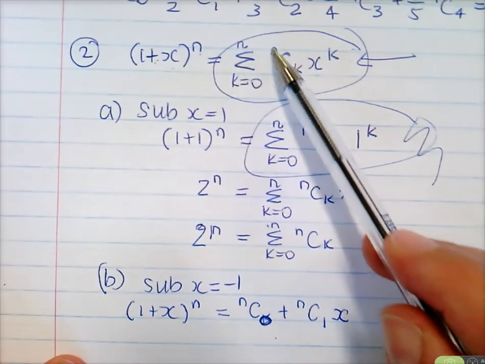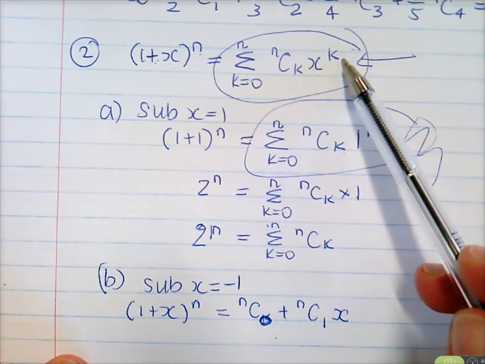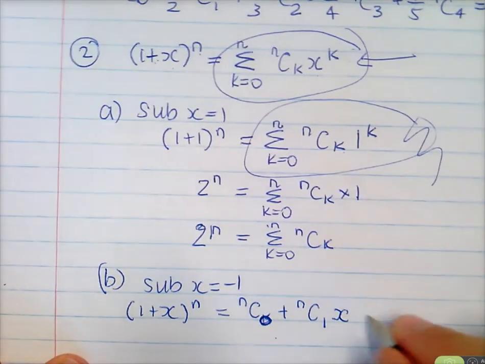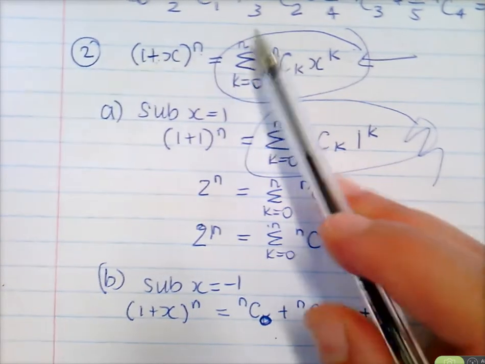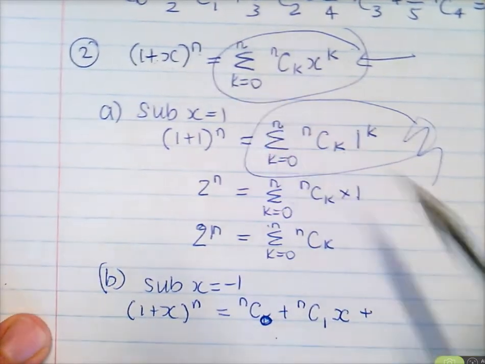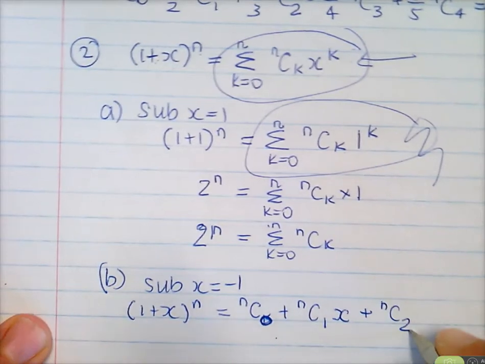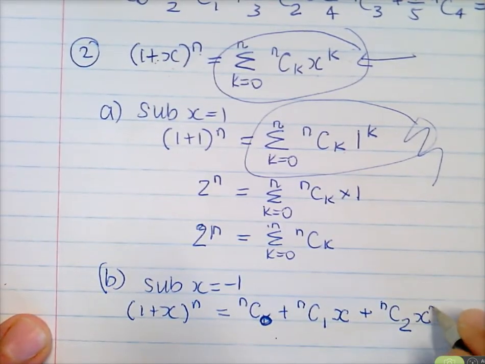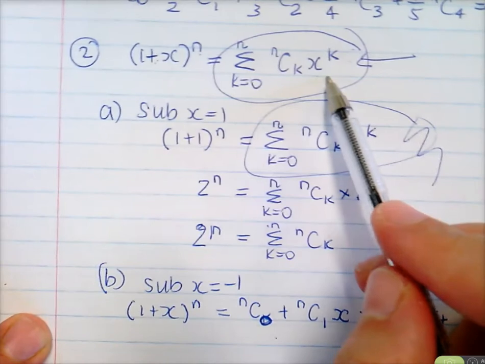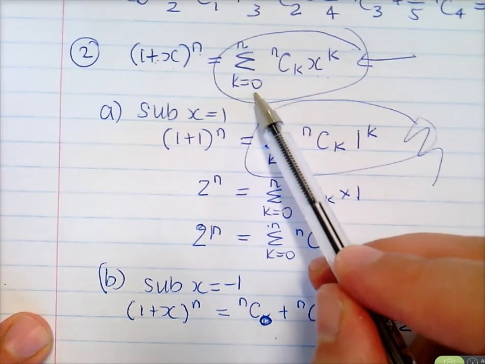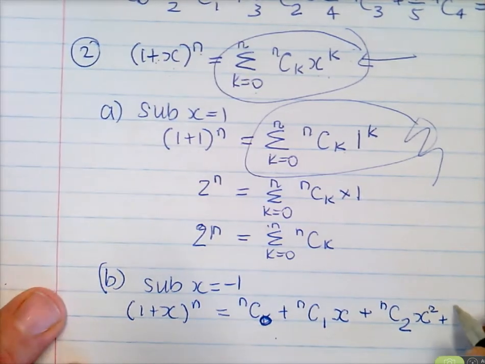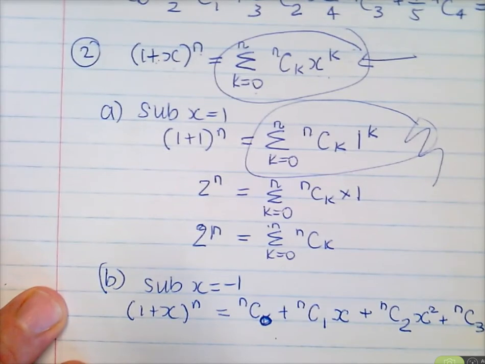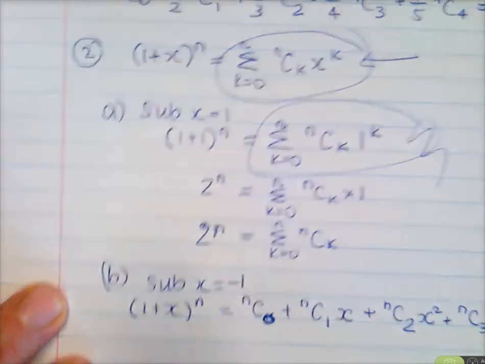When k is 1, you get nC1, x to the 1. Got it? This is the sum of all terms from k is 0 to k is n. When k is 2, you get nC2, what? X squared. Can you see you're substituting different values of k into here? Starting from k is 0 to k is n eventually, but we're not going to get all there. Plus nC3, x cubed, plus nC4, x to the 4.